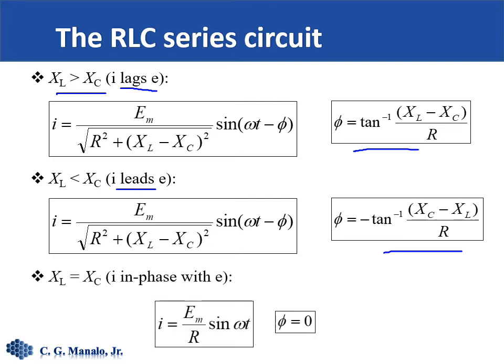And the third scenario is when X sub L is equal to X sub C. That gives us I there will be in phase with the source E, and the circuit is said to be purely resistive because X sub L and X sub C cancel each other.